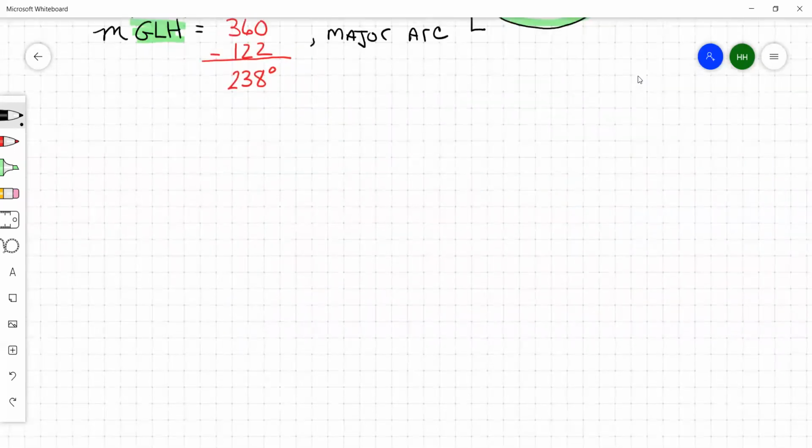All right, in this picture, PM is the diameter, segment PM. Identify and find each measure.